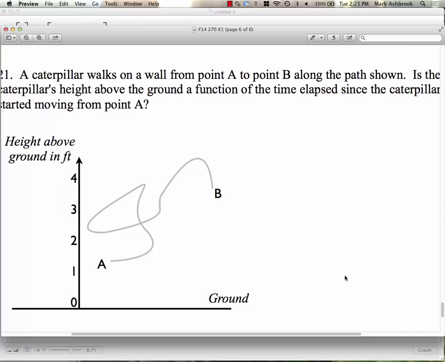It could be a parametric function. As I said, the height will be the y value. Some other equation could be the x value, so it could be parametric. That's one of the main things about parametric functions, that you can have multiple y values for the same x.